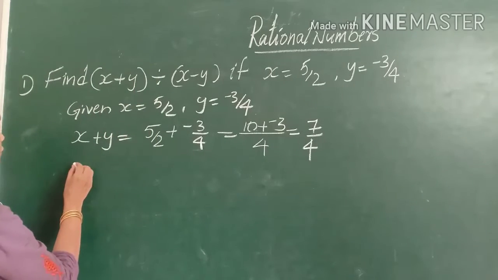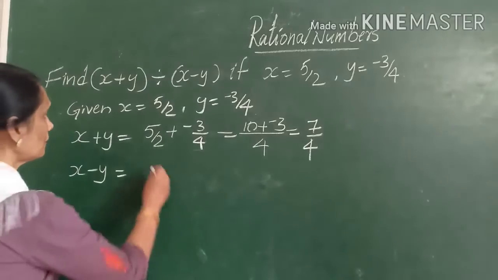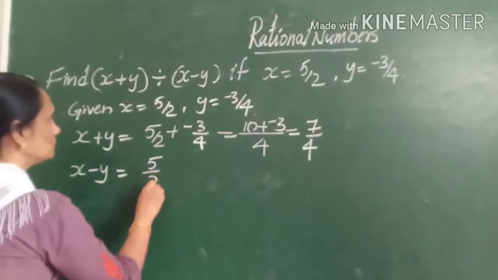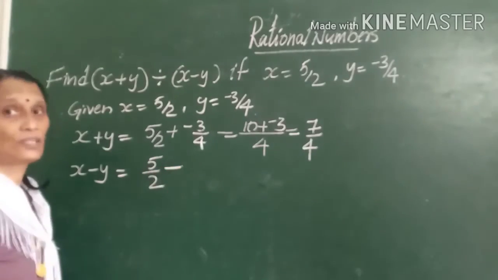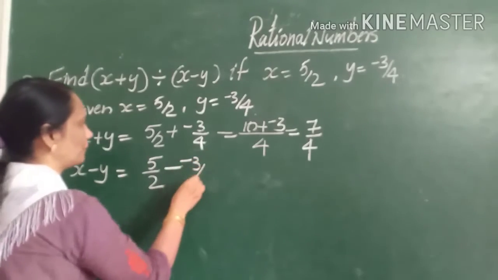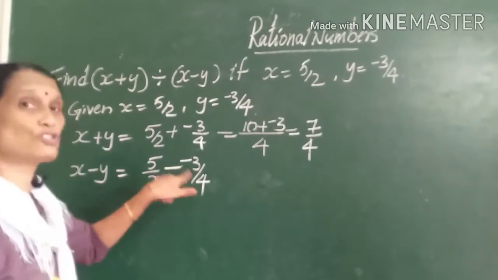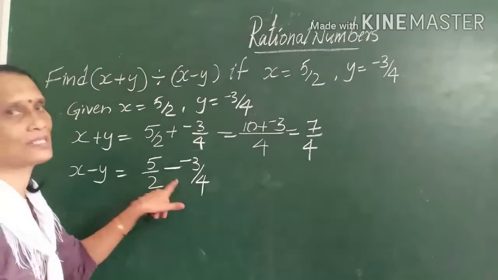Let us find out what is x minus y. 5 by 2 minus y means again minus of minus 3 by 4. What do we do when minus of minus comes? We will make it plus. Okay.